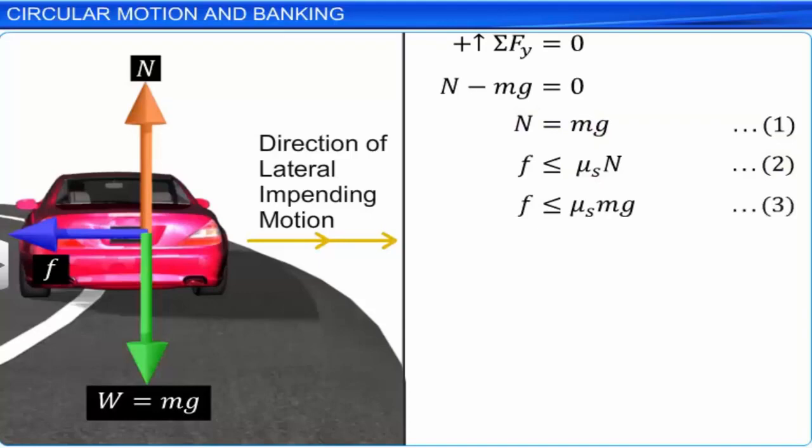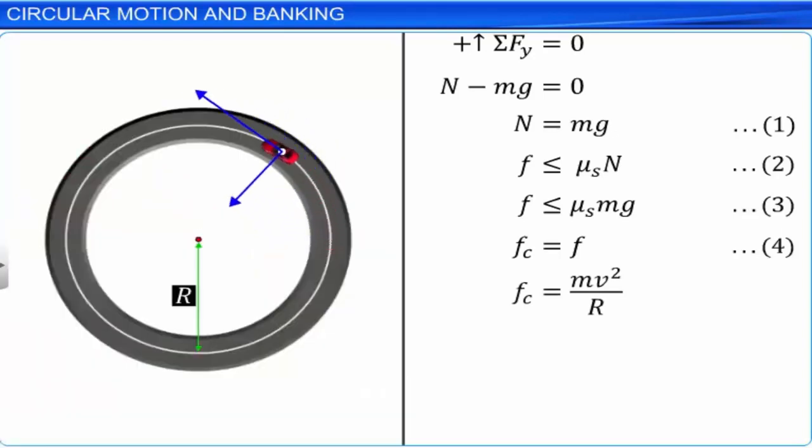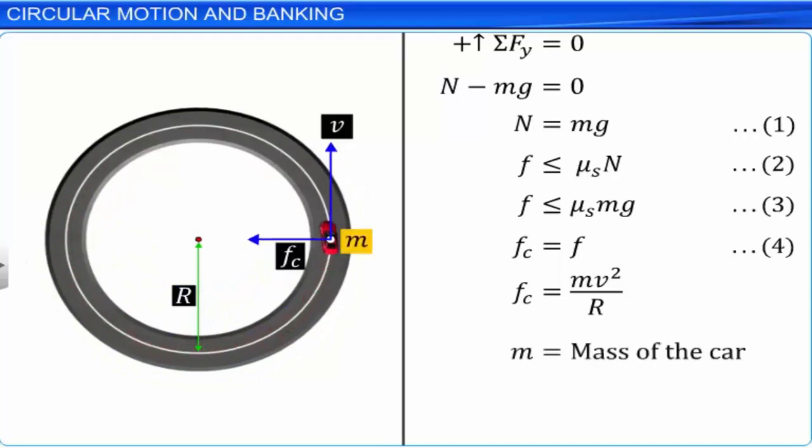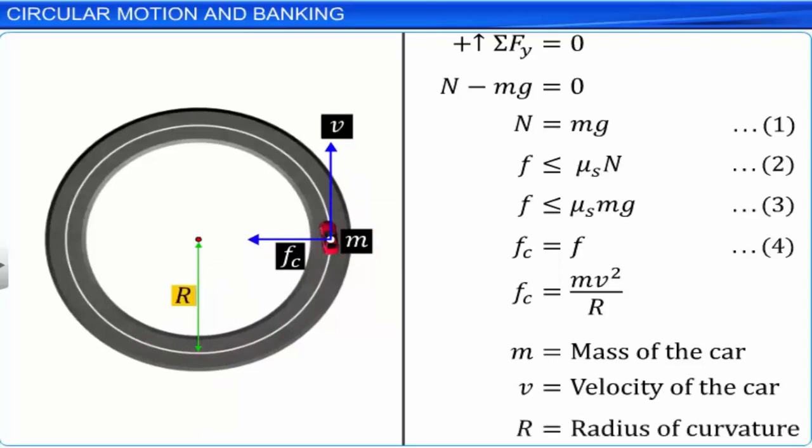The centripetal force, Fc, is equal to the frictional force F. Let this be equation 4. However, Fc is equal to mv squared by r, where m is the mass of the car, v is the velocity of the car, and r is the radius of curvature.